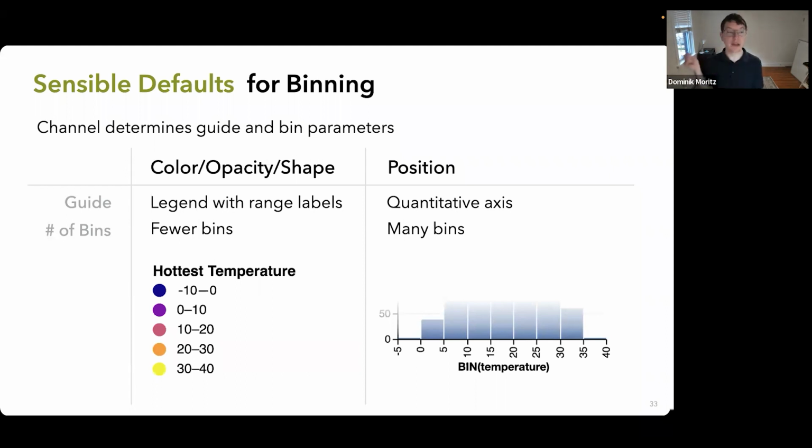And that's intentional because our perception is much more accurate when it comes to position encoding than it is for color. And so Vega-Lite makes this choice to use fewer bins for color encodings. And so here what you see is multiple pieces of the grammar interacting with each other.